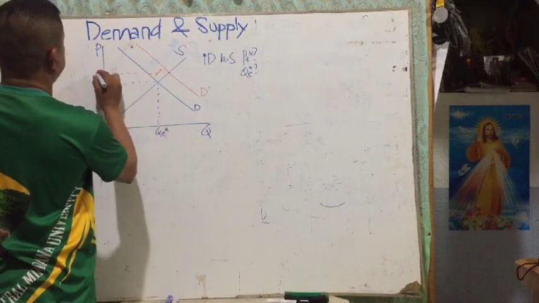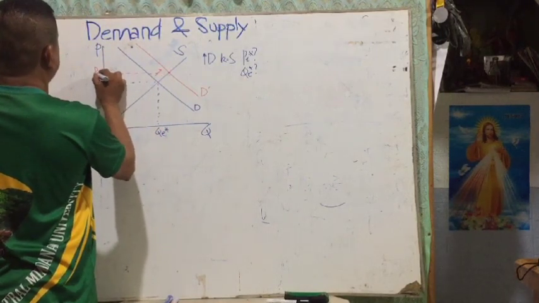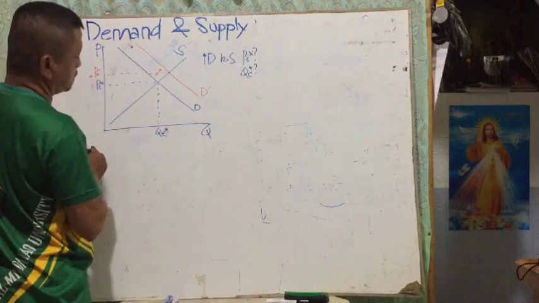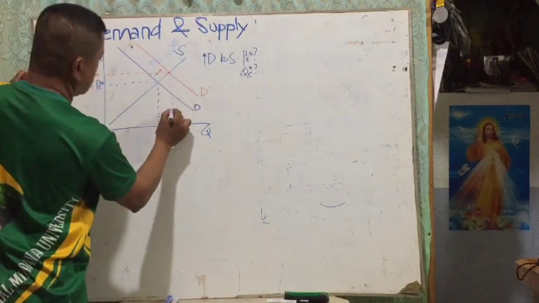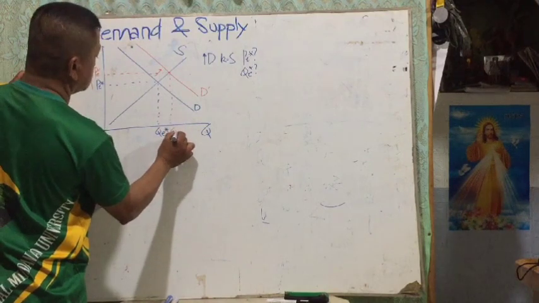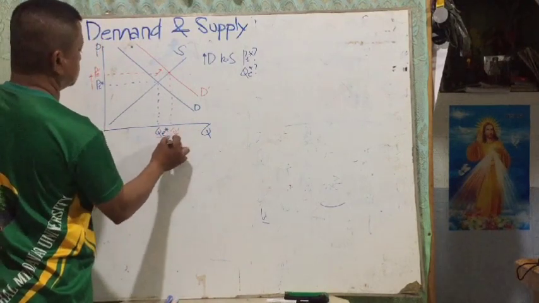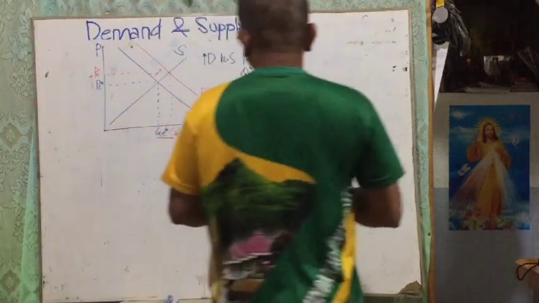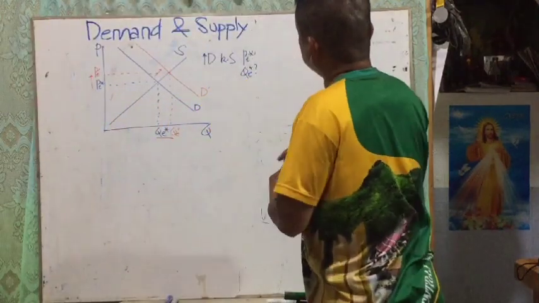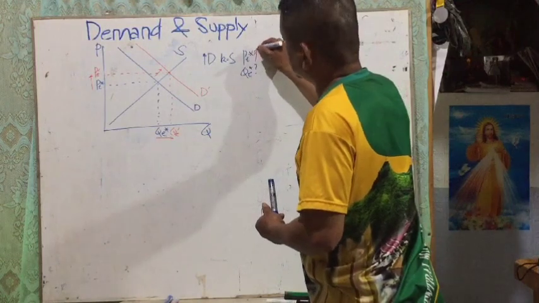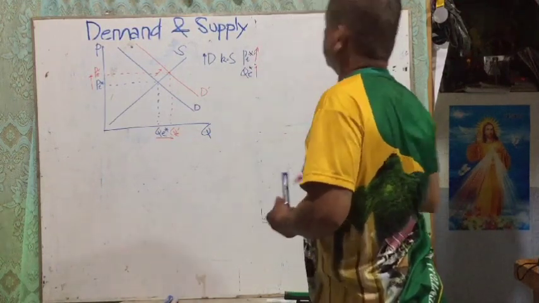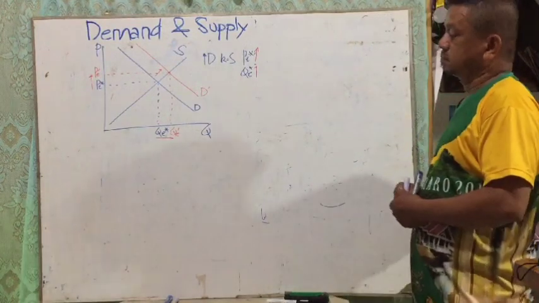Our PE now becomes PE prime and that is increased, while QE, our equilibrium quantity prime, is also increased. So because of this, equilibrium quantity as well as equilibrium price had increased.